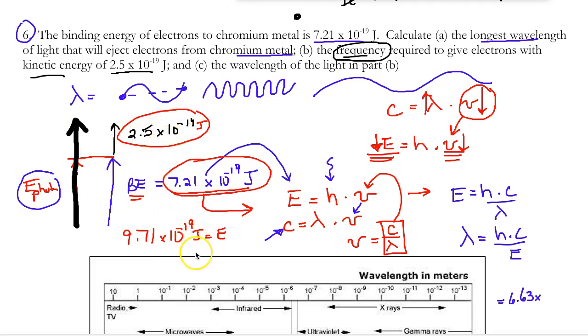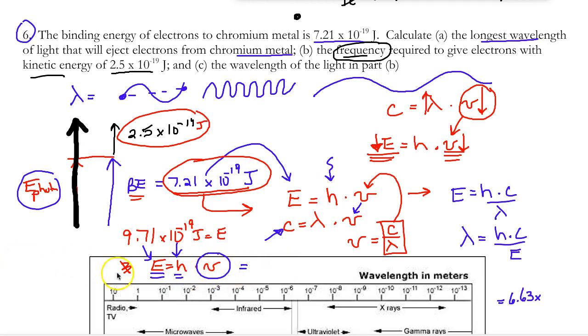So with that energy, knowing what? Energy is equal to Planck's constant times the frequency. We have this energy, we have Planck's constant, and we solve for the frequency. So you're going to plug that new energy per photon in with Planck's constant.